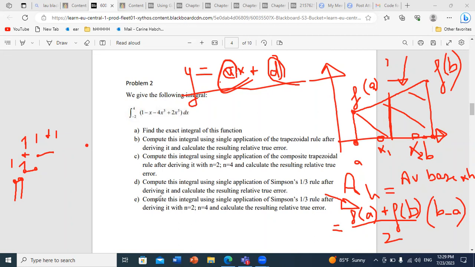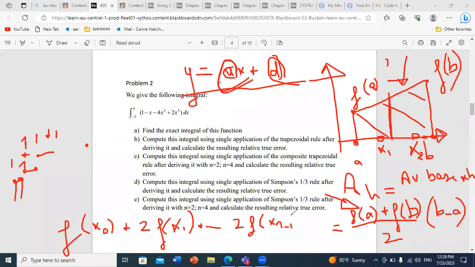This is why for the composite method I have f(x0) plus 2 times f(x1), etc., until the point just before the end, 2 f(x n minus 1), and finally the last point has a coefficient of 1, plus f(xn), all over 2.